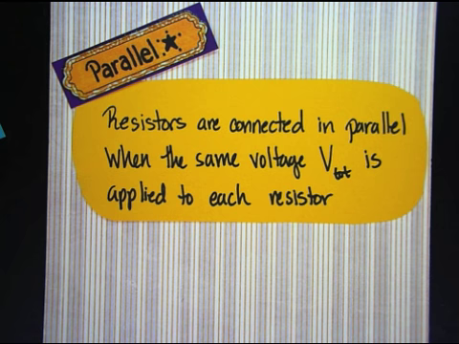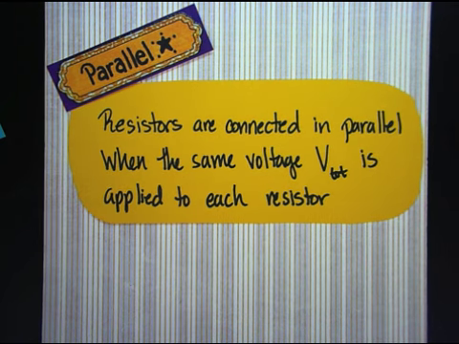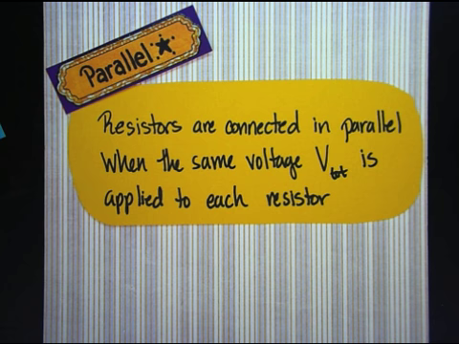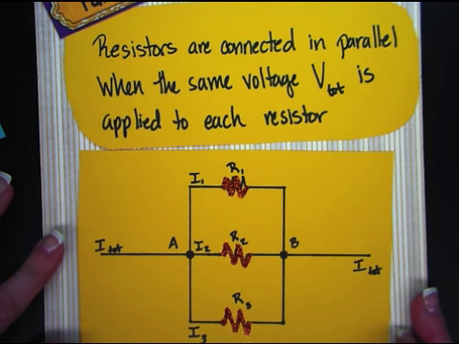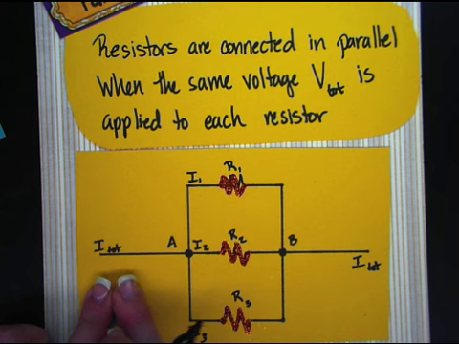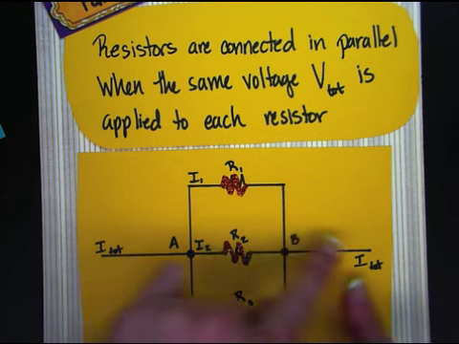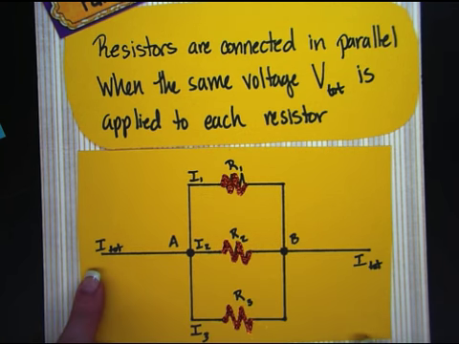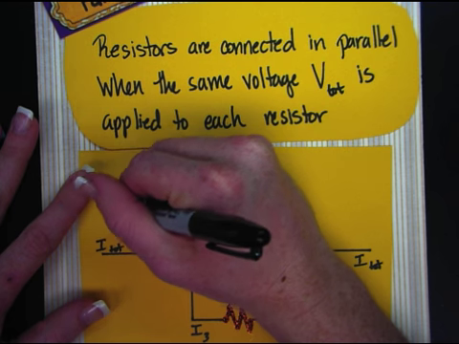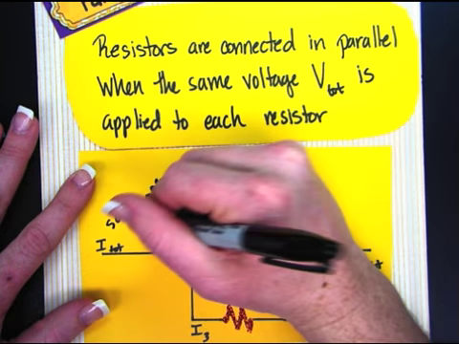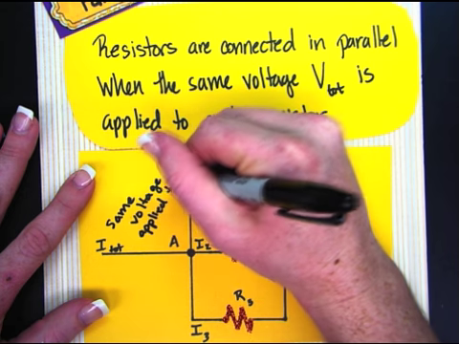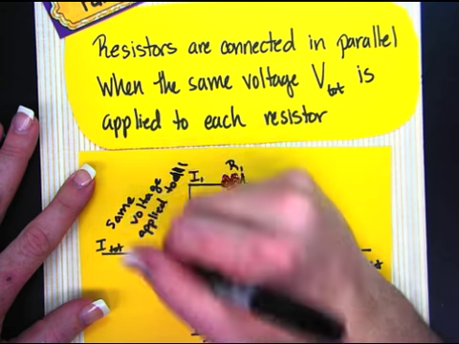Another type of circuit we'll be dealing with is a parallel circuit. Resistors are connected in parallel when the same voltage is applied to each resistor. This image is in your book. It shows current coming in and then splitting off across three resistors. You have to keep in mind that the same voltage is applied to all resistors.